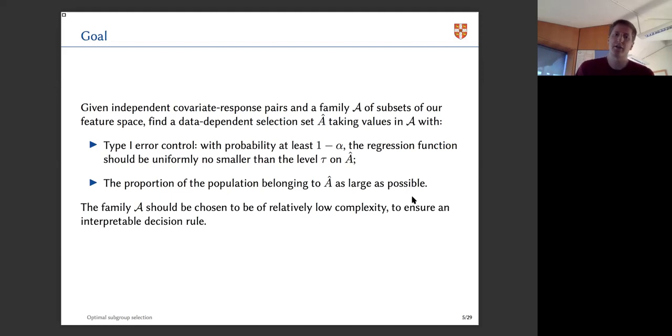And another desideratum here is that I want the family A to be of relatively low complexity to ensure an interpretable decision rule. So in the case of the women over 50, that would represent a hyperrectangle in my space. And in fact, if you think throughout this talk of curly A being a family of hyperrectangles, then I think that would be pretty fine, to be honest.